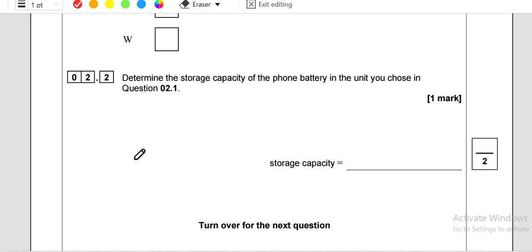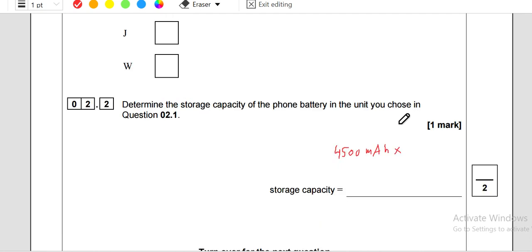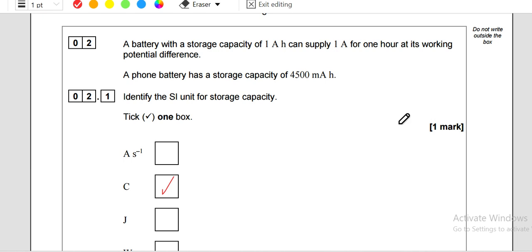We simply will multiply the 4,500 milliampere hour by the time, okay? And the time from the question is 1 hour.